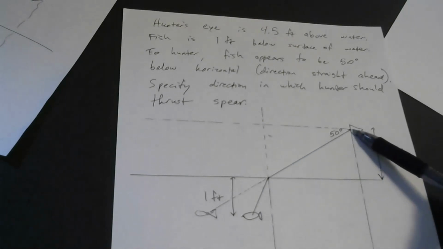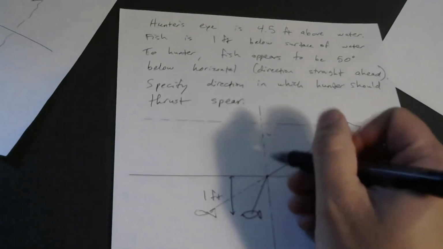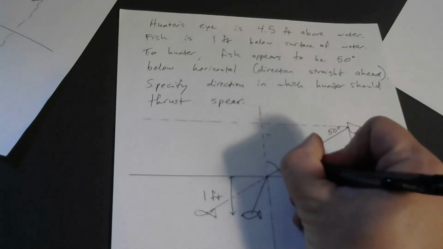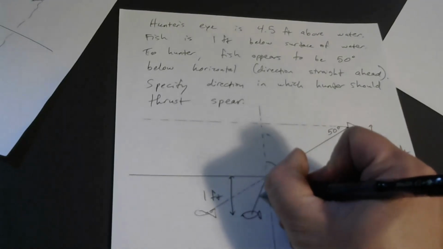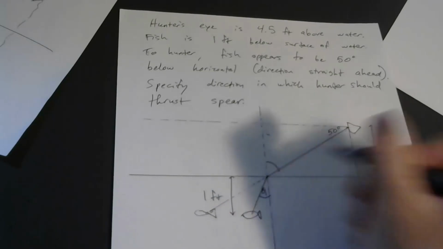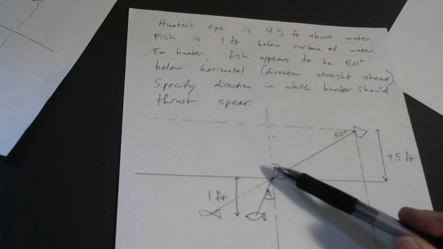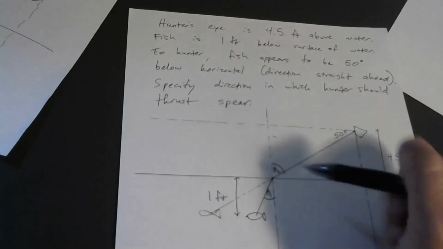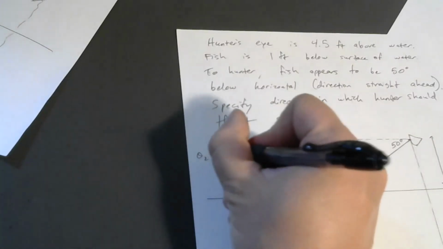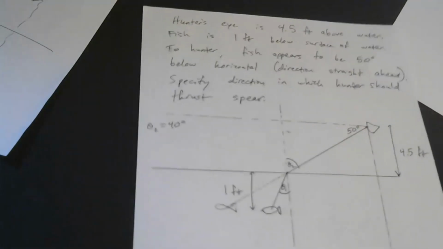We know that it's going to refract away from the normal. This angle right here is what I'll call theta 1. This is theta 2, and we can easily see theta 2 has to be 40 degrees. We've got a right triangle here. So off to the side, I'll write theta 2 equals 40 degrees.